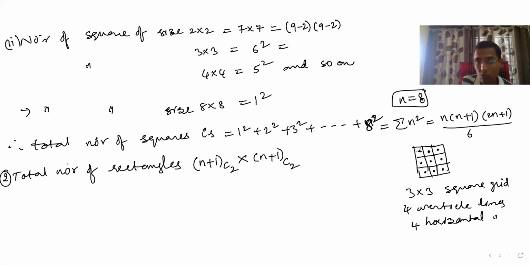Please understand, 1, 2, 3, 4. Out of 4 lines, you select any 2 lines: vertically select 2 lines, horizontally select 2 lines.